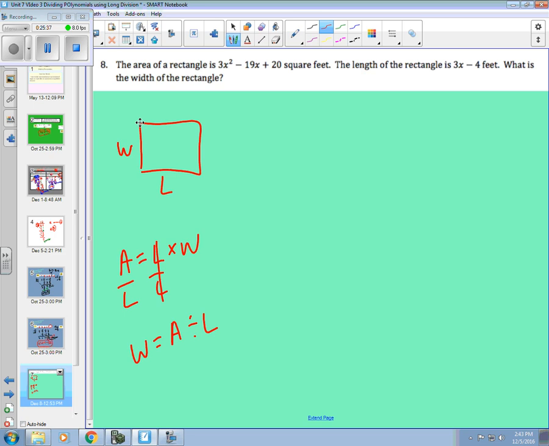So we want to take our area, this, divided by this. It's just one of those problems we've been doing. We have 3x squared minus 19x plus 20 divided by 3x minus 4. We can do this now with long division or synthetic division.